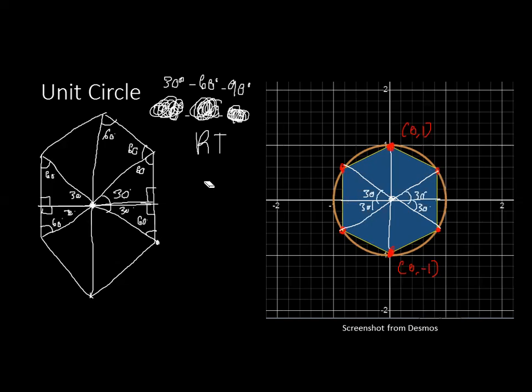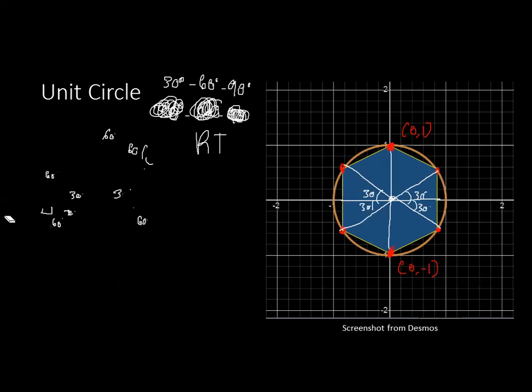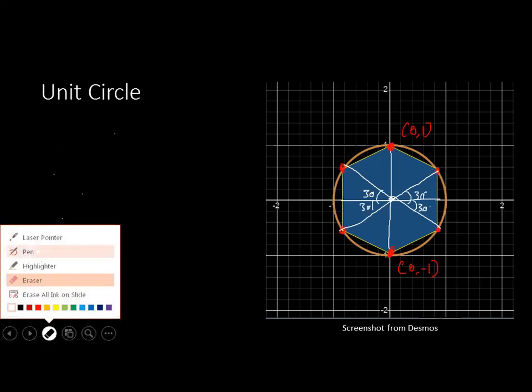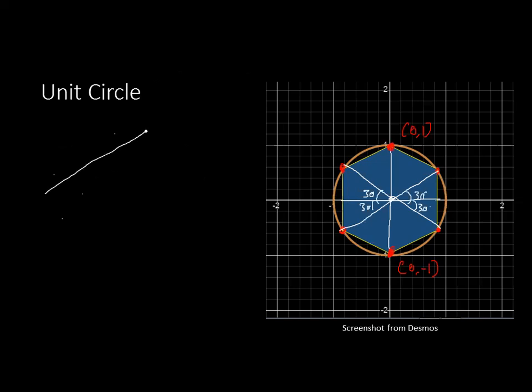Let's start with this one on the right side, okay? So let me erase this one. On the right side. Remember, again, in the 30, 60, 90 right triangle, let me erase this one for convenience. Okay, so on the right side, we have this one, right?